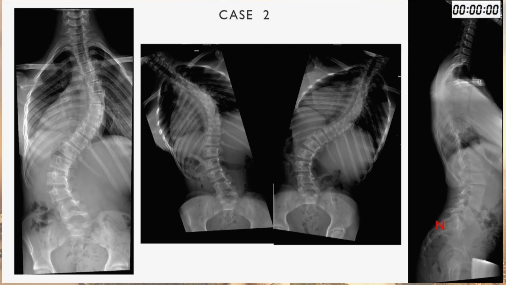So Joseph, if in the bending views or traction films L5 still has an oblique takeoff, what is your lower instrumented vertebra? Here it is corrected and horizontalized. If it is still an oblique takeoff in a 15-year-old, I don't do it. I rarely go to L5.